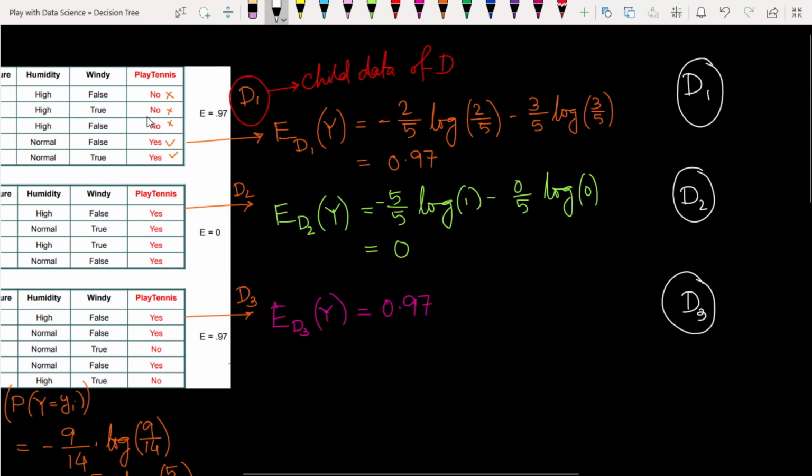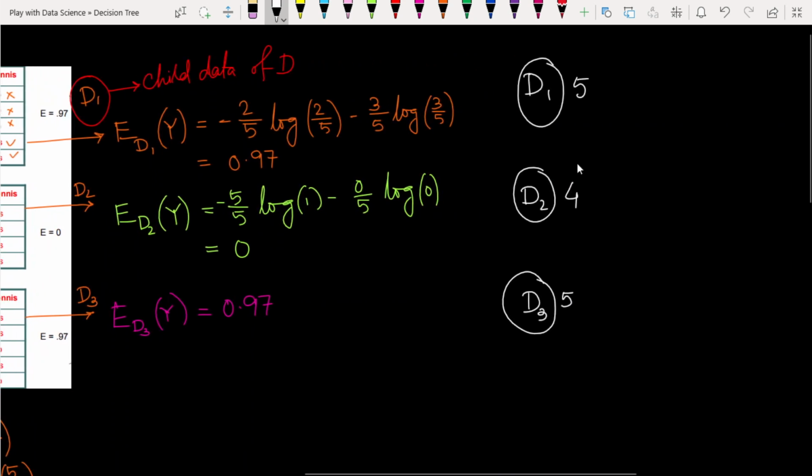In the first child, D1, we have a total of 5 points. Here we have a total of 4 points. Here we have a total of 5 points. So what will be the probability of occurrence of D1 from the whole data set?